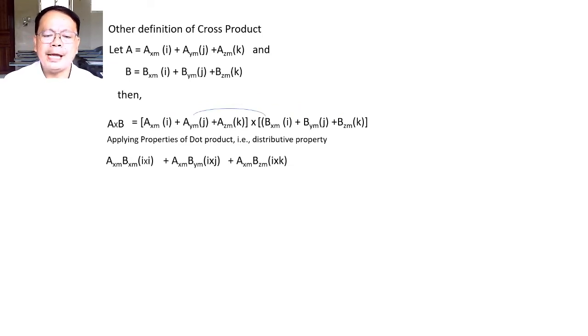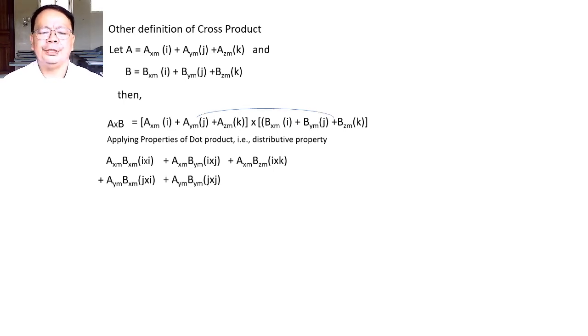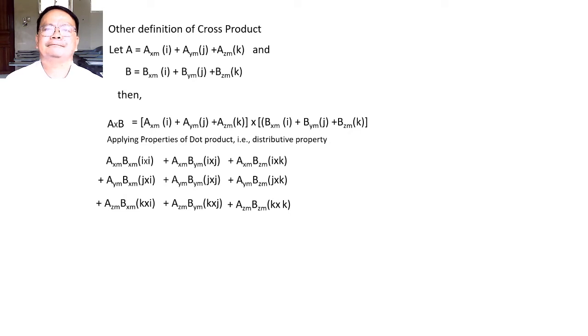If the second term of A is distributed to all the terms of B, we have AY BX, j cross i, AY BY, j cross j, and AY BZ, j cross k. And the last term of A shall be distributed to all the terms of B. Then this becomes AZ BX, k cross i, AZ BY, k cross j, and AZ BZ, k cross k.